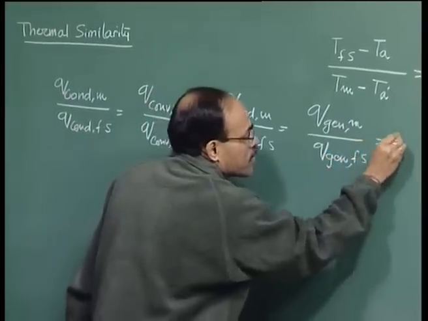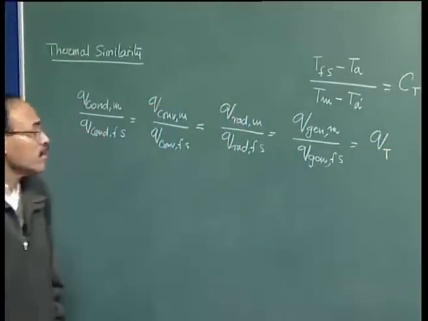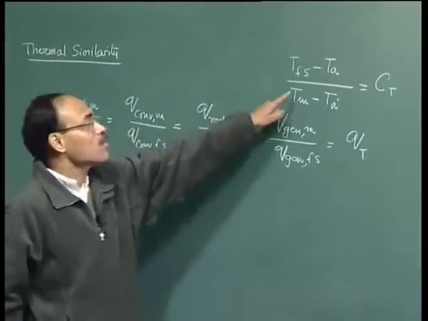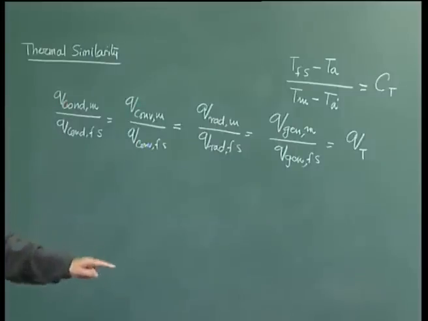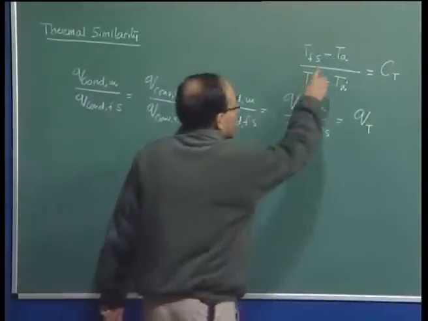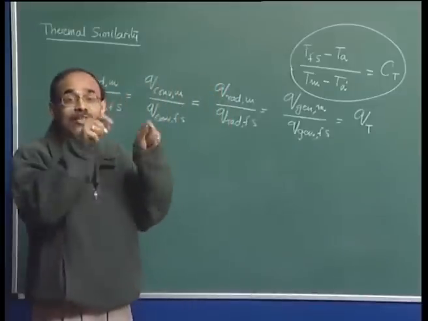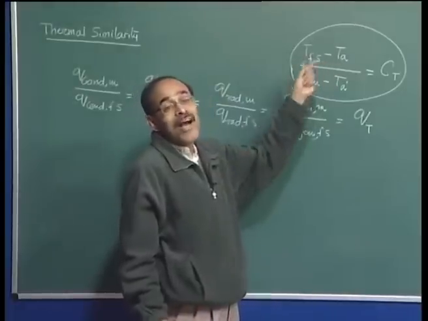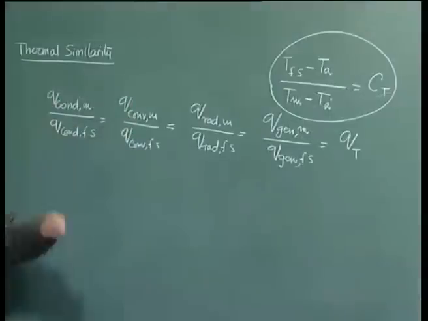And if I say this is equal to Q sub T, then I should be able to say that systems are thermally similar, and in that case we will see that indeed the temperature profiles, temperature differences at corresponding location at corresponding time are going to be equal, in case I have been able to successfully maintain this equality.